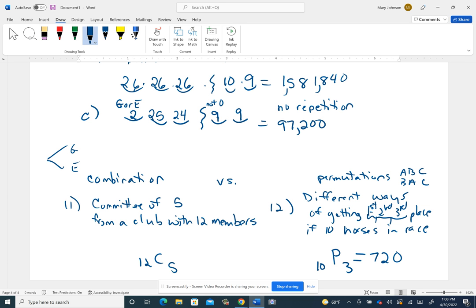If your committee had 5 people in it, this committee is the same as that committee because it's the same 5 letters. It's not a different committee. That's when you use the combination button. In this case, you would wind up with 792. So they have one problem with permutations and one problem with combinations. You can expect to have to understand the difference between those two.